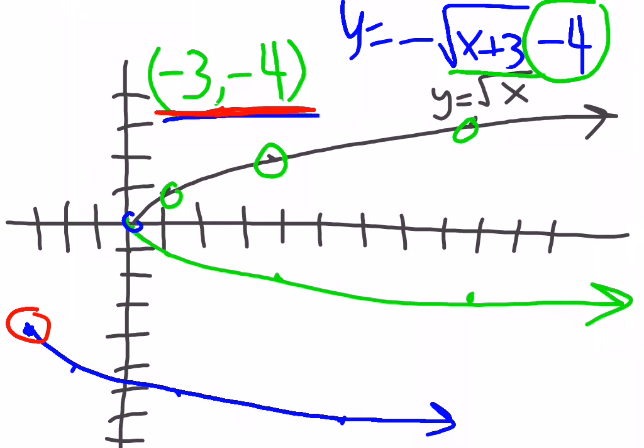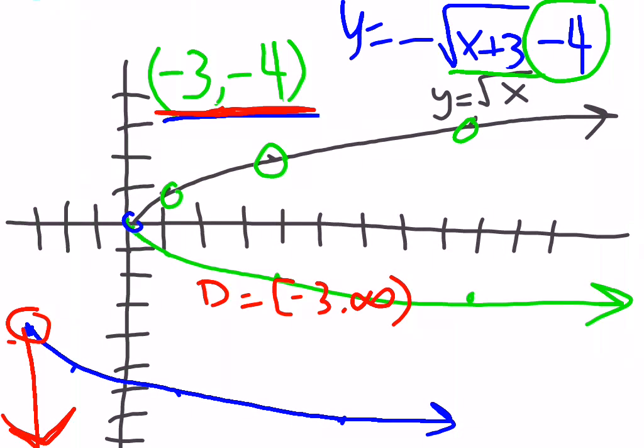Our domain. It looks like the graph is defined everywhere that x is greater than or equal to negative 3. So my domain is going to be negative 3 to infinity. My range, well, y is defined everywhere when it is less than or equal to negative 4.